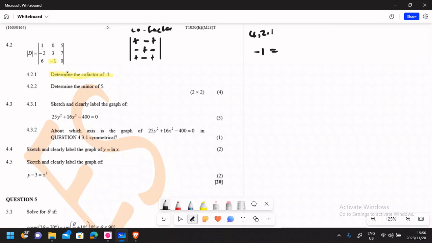Now it's time for you to cancel the rows. If we use -1 as a minor, this row here and that column are going to be cancelled out. So we're going to be left with 1, 5, -2, and 7.